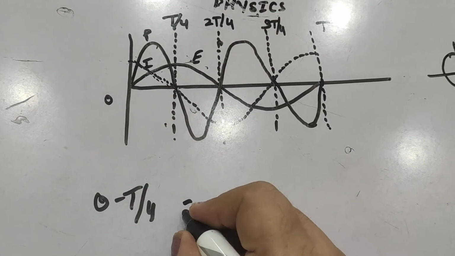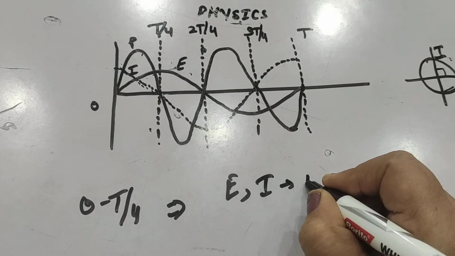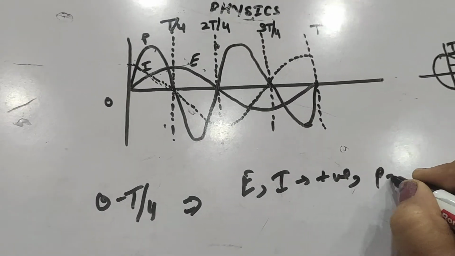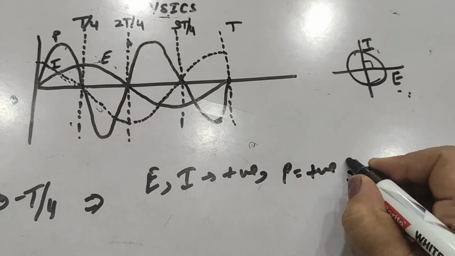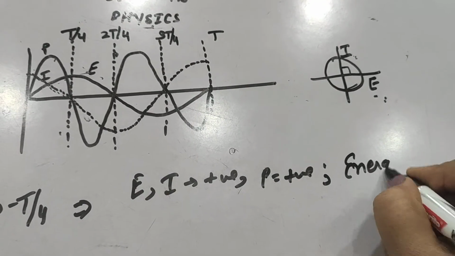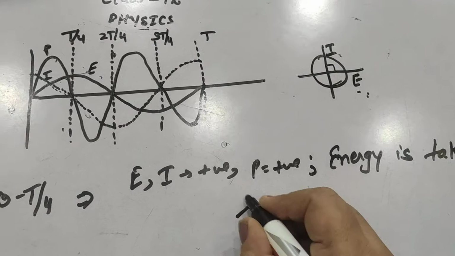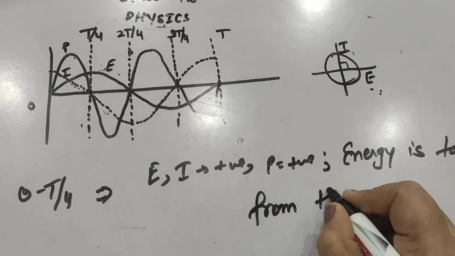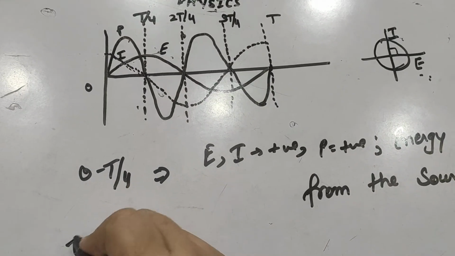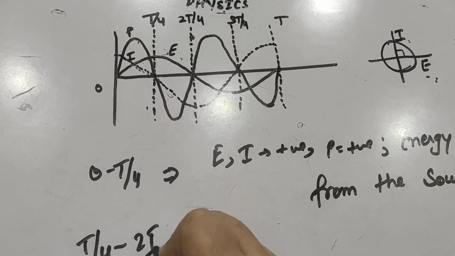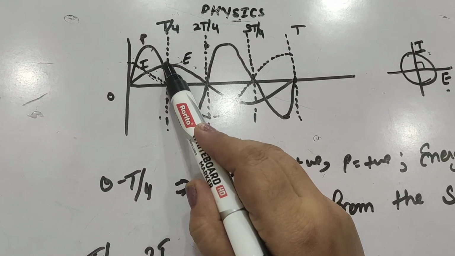In that case E and I are positive, so power is positive, and we can say that energy is taken from the source.